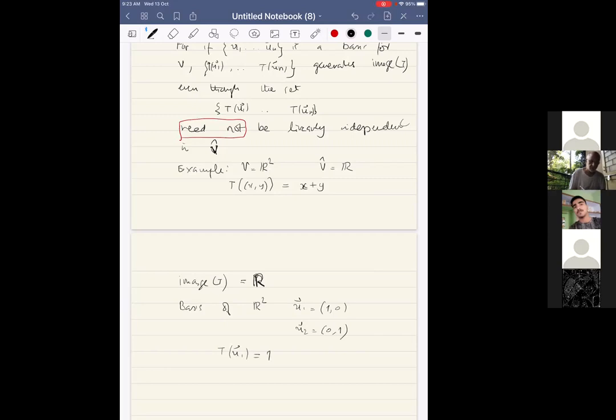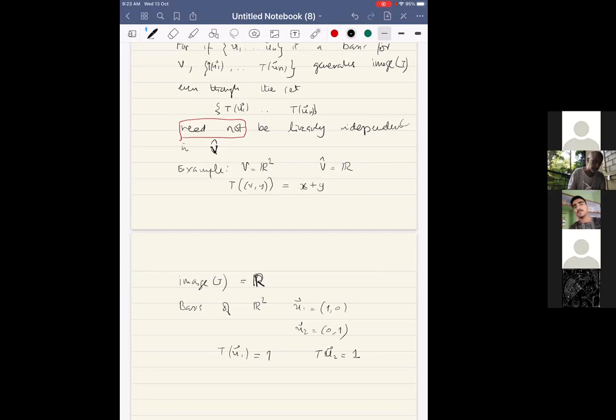What is TU2? 1. So TU1 is equal to TU2. So they are not linearly independent. Of course here TU1 and TU2 are equal, so we can say that the set is linearly dependent. So this is a bad example.